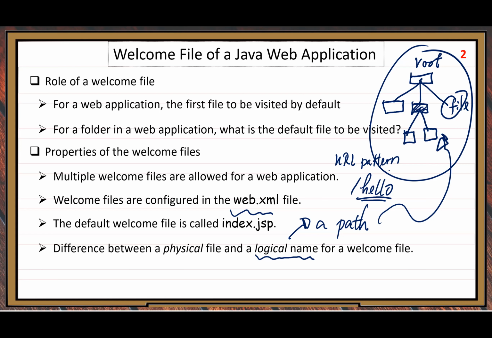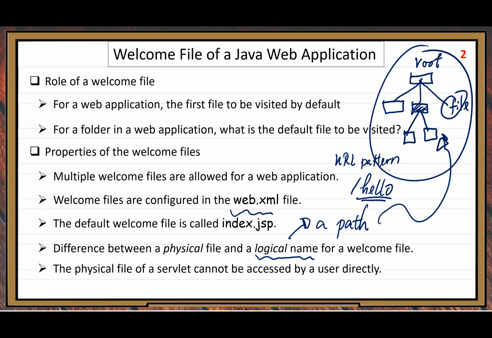All right. So here you know the difference between a physical file and a logical name. Now I tell you the key property. The physical file of a servlet cannot be accessed by a user directly.